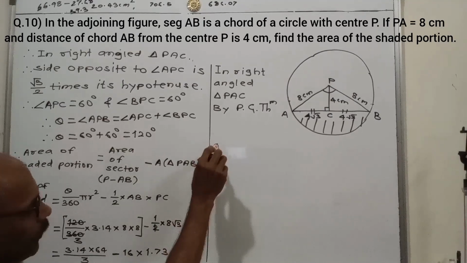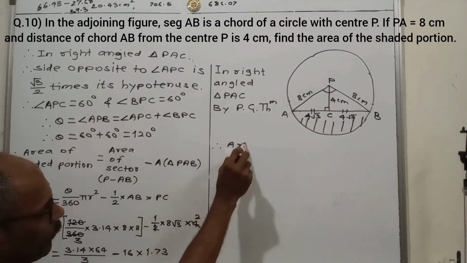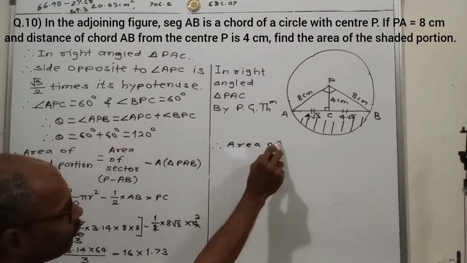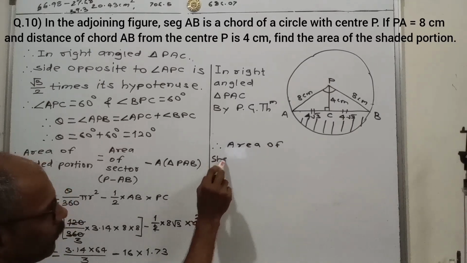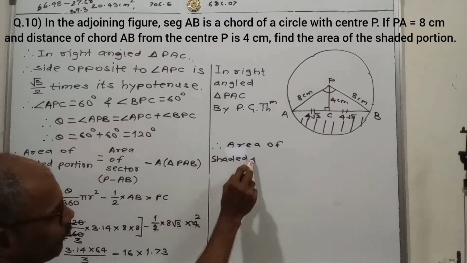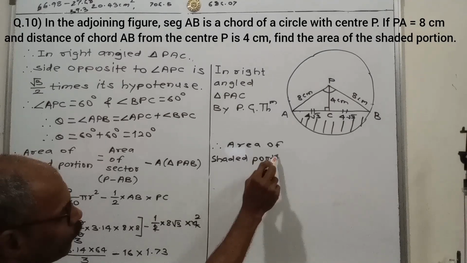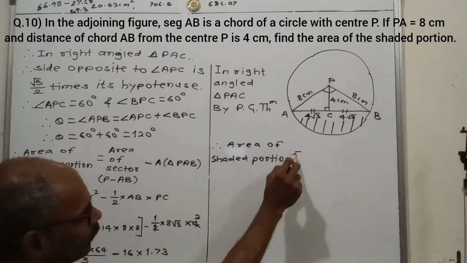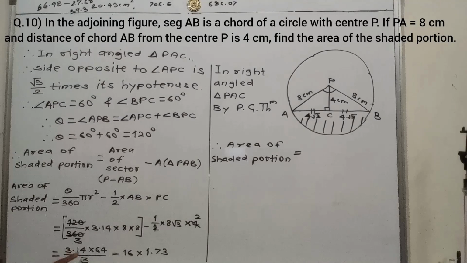Therefore, area of shaded portion is equal to product of these 2 upon 3.